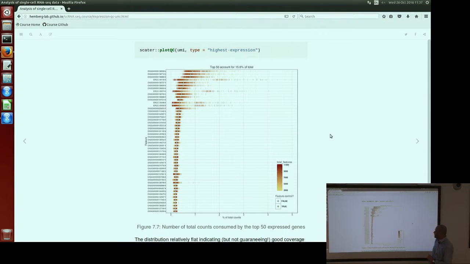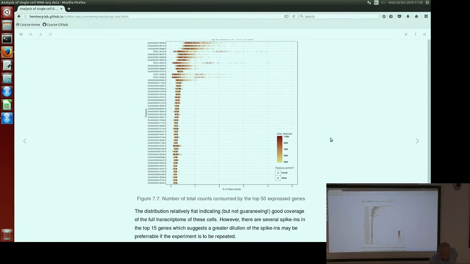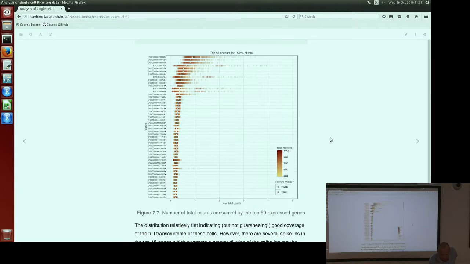And from here, we can see that for each gene, we plot the number of total features in each cell, right? So for each gene, we have a distribution, and this distribution is the number of total features per cell. What we can see is that these distributions are quite flat. Is this after normalization?